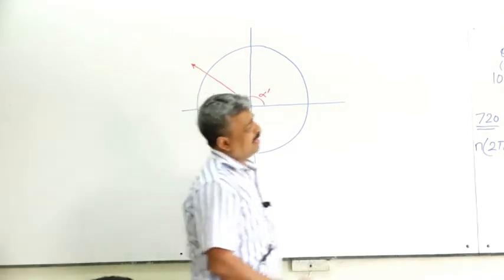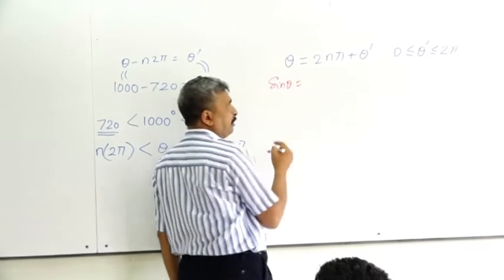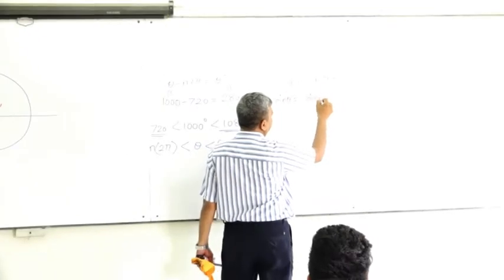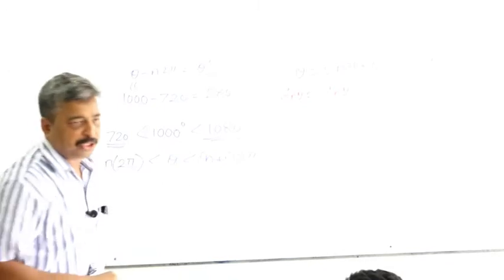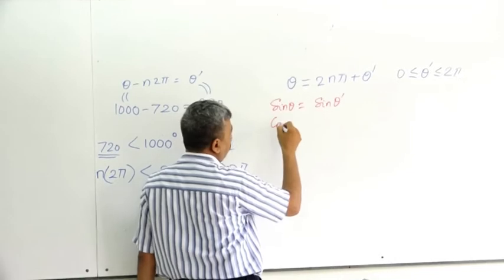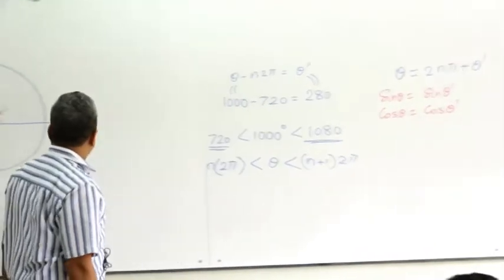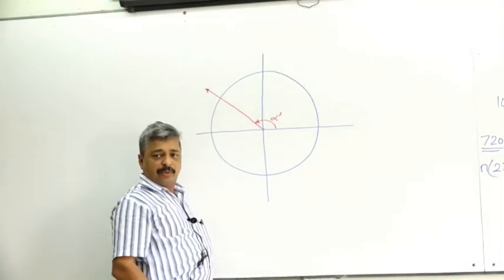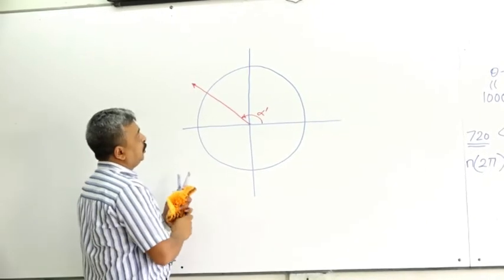Can I say here itself, what is sine theta equal to? It will be sine theta dash. Why? Because it doesn't matter how many times earlier you have completed your rotations, finally your position is theta dash, and therefore sine theta is equal to sine theta dash. What will be cos theta? Cos theta dash. So suppose this is alpha dash, maybe it is alpha, some bigger value, but finally I am interested in its position on the unit circle.